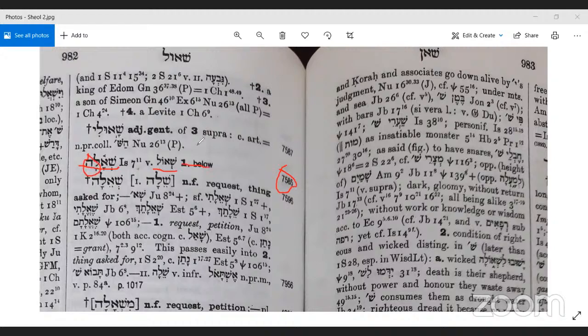One meaning is below. Below as in what? Subterranean, right? Okay, noun feminine, request. So we saw that, right? We saw request, whatever Strong's number it said this word is from. Thing asked for. One, request or petition. Hold on, let me get rid of this stuff.